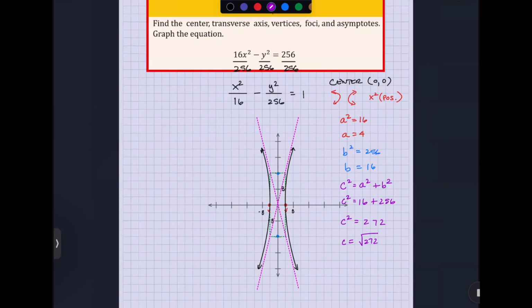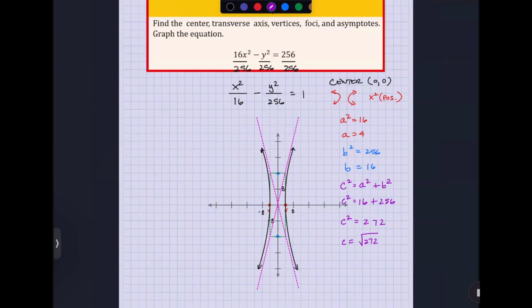This one happens to ask what's the transverse axis. What did I say the transverse axis is like? The other one is the minor. Transverse axis is the major, so it's asking for the major axis. And the major axis involves the foci, the vertices, and the center.